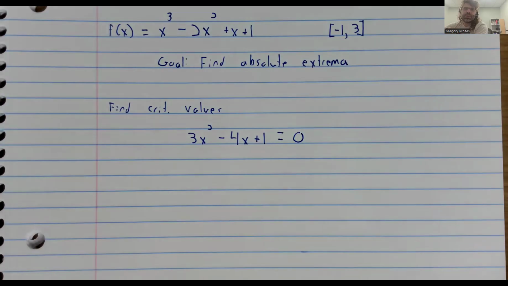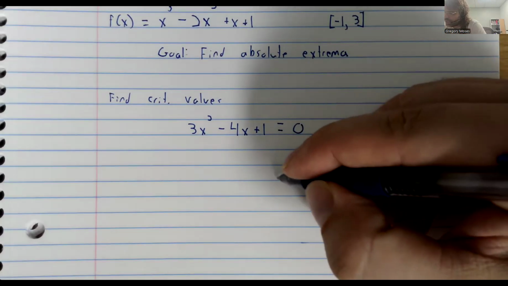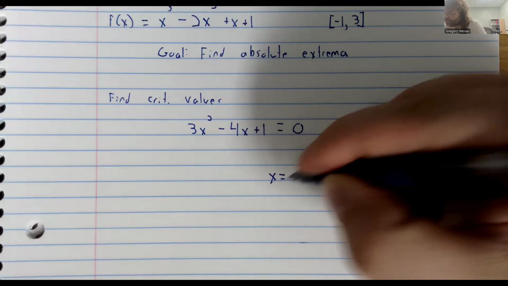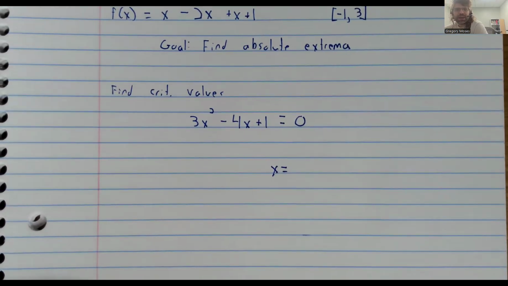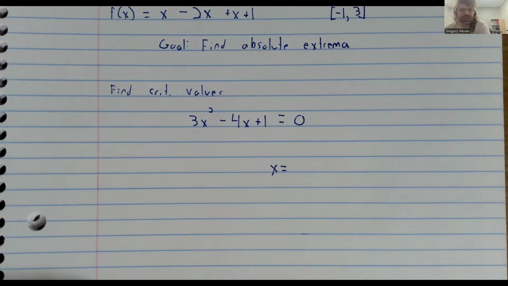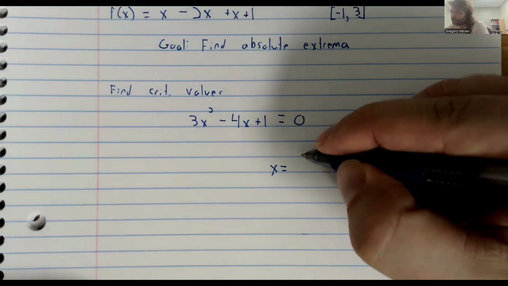The derivative always exists. So the critical values are just what we get by setting it equal to 0. This thing factors, I think. My secret shame is that I'm quite bad at factoring. I'm just going to hit it with the quadratic formula.